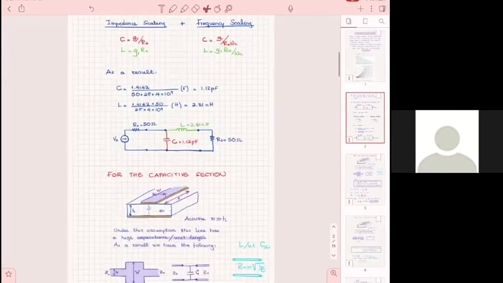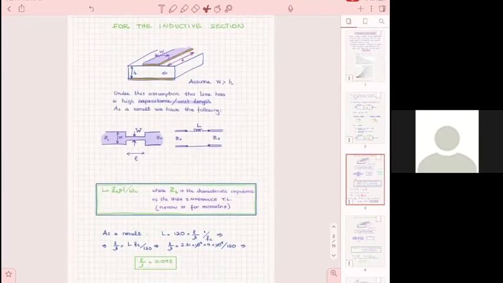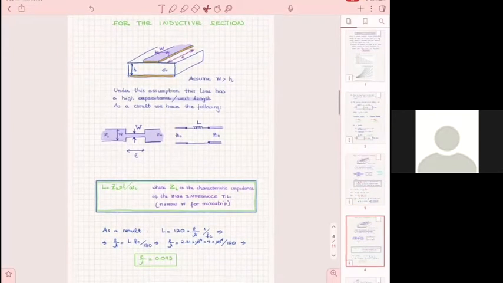So now we go to the inductive section. And now, for the same reason, since Z naught is the square root of L over C, we know that a high characteristic impedance will give you a high inductance, or a high inductance per unit length in a line will give you a high impedance.